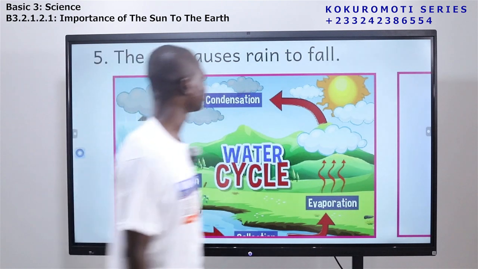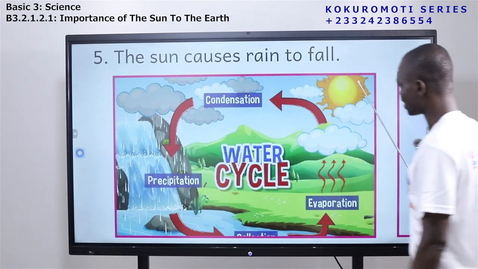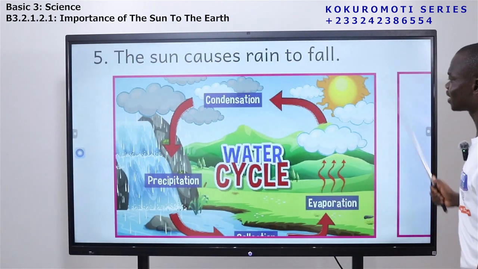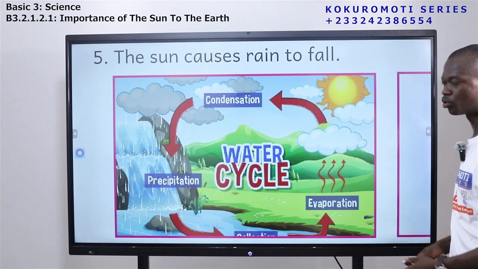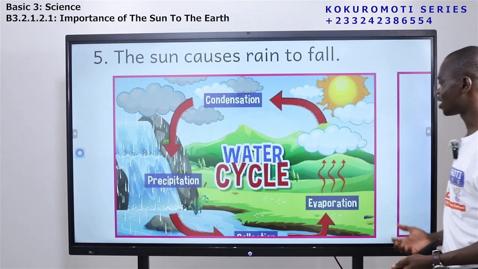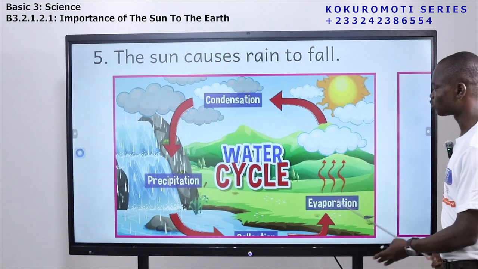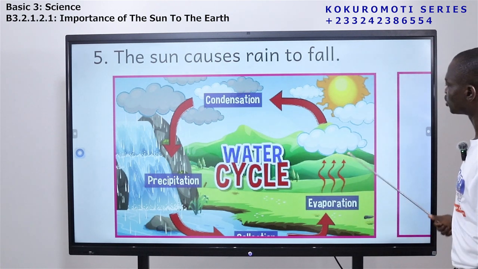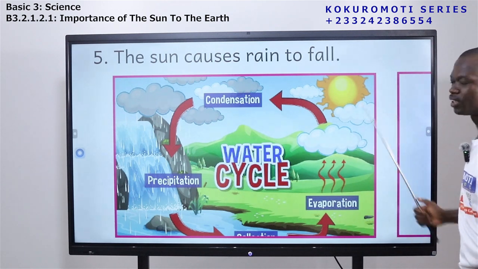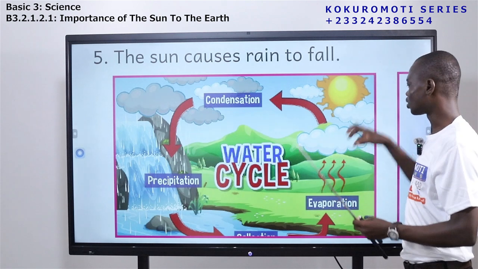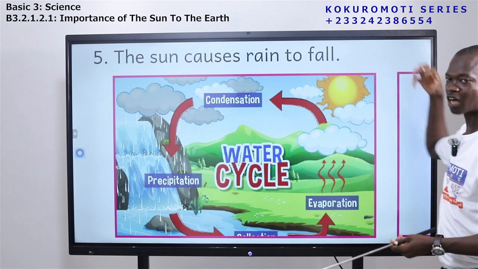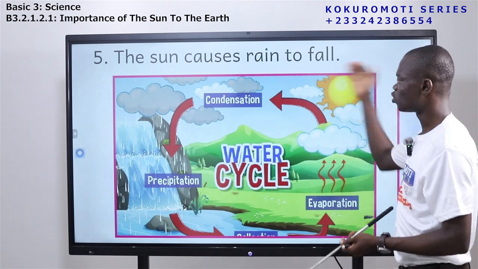So where is the sun? The sun is here. So when the sun shines, all the water bodies will heat up and a portion of them becomes evaporated, meaning they will turn from water to gas. So that is evaporation. They will go into the atmosphere. They get to a point that the water vapor will be trapped, and then they will be what?